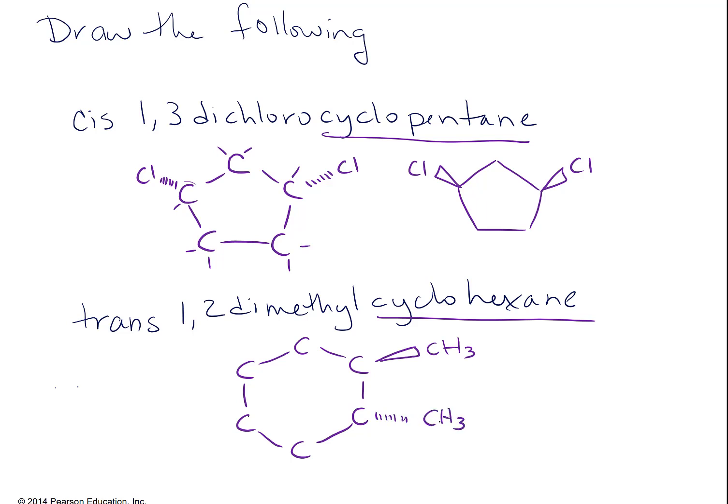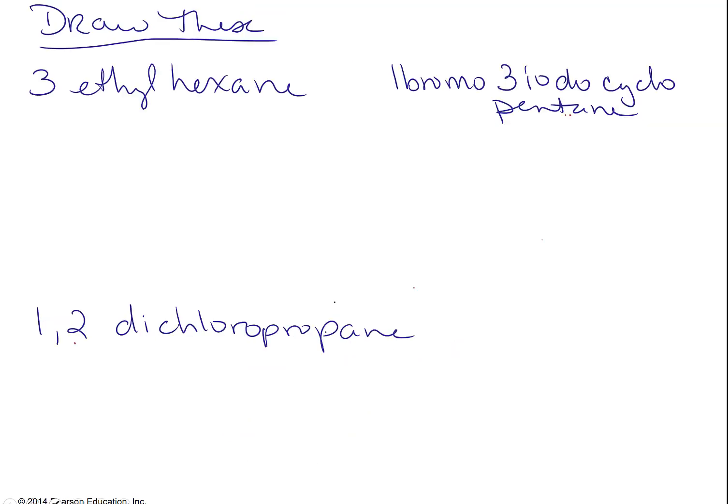So make sure that you use the wedge and dash if you see cis and trans. So that would be hydrogen, these would be hydrogen, these would be hydrogens. If you look, you should count that there should be 4 bonds with each carbon. All the ones that I have empty spots, those will all be hydrogens.